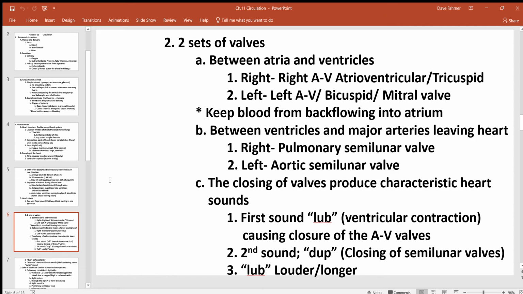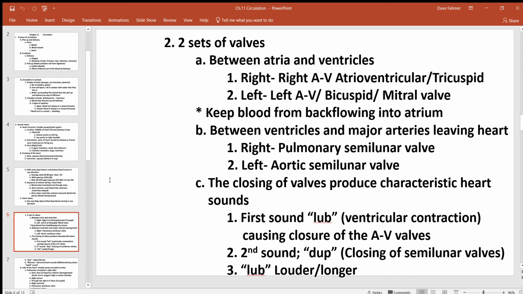So when these valves are working, they actually are making sounds. You've all probably heard the sound of the heartbeat through a stethoscope, and that sound has been determined by some scientific person a long time ago to be lub-dup.